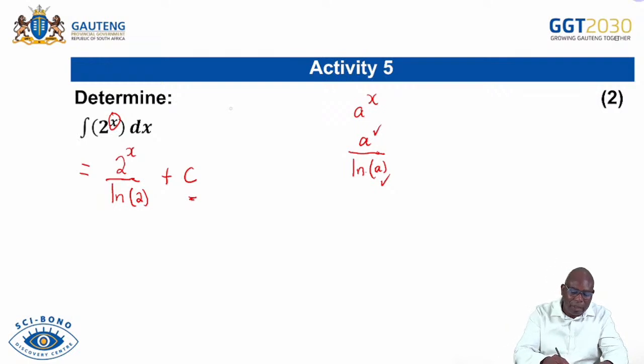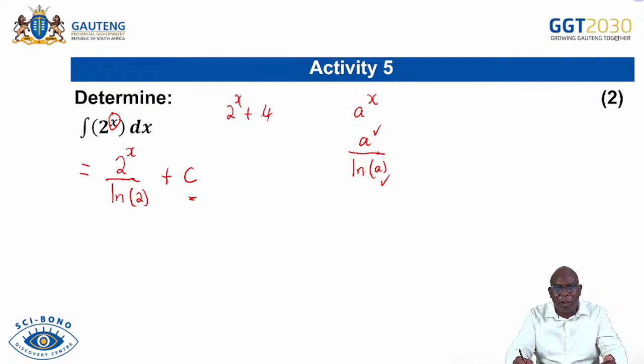Because that thing can be 2 to the power of x plus something, plus 4, for instance. See, when we integrate exponential graphs, this is how we write it. Okay, so the 2 marks will be for that, and we're also going to give you a mark for the c. Okay, right.